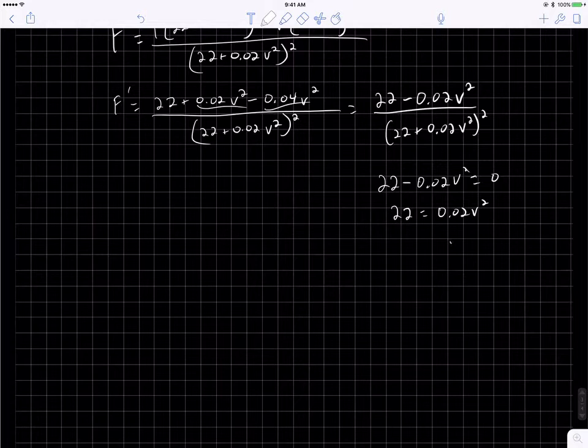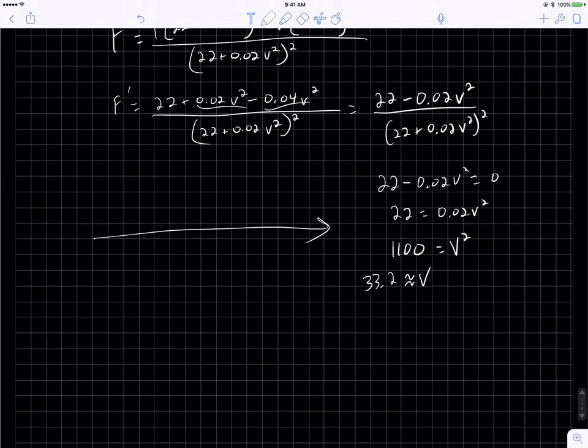I divide by 0.02, I get v squared equals 110, I believe, but give me a second. 22 divided by 0.02. Oh, 1100. So then I square root that. I get approximately 33.2 miles per hour for the velocity.